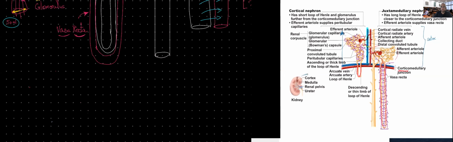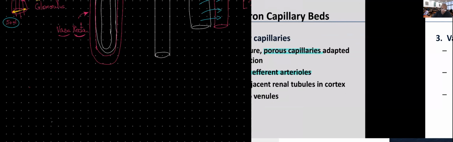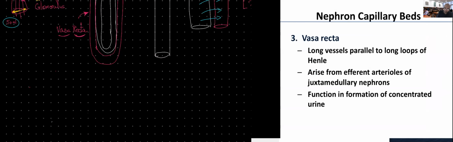Which type did have long loops of Henle surrounded by vasa recta? Juxtamedullary nephrons. So you'll see on here, vasa recta exists in the juxtamedullary nephrons because they are the ones with long loops of Henle.